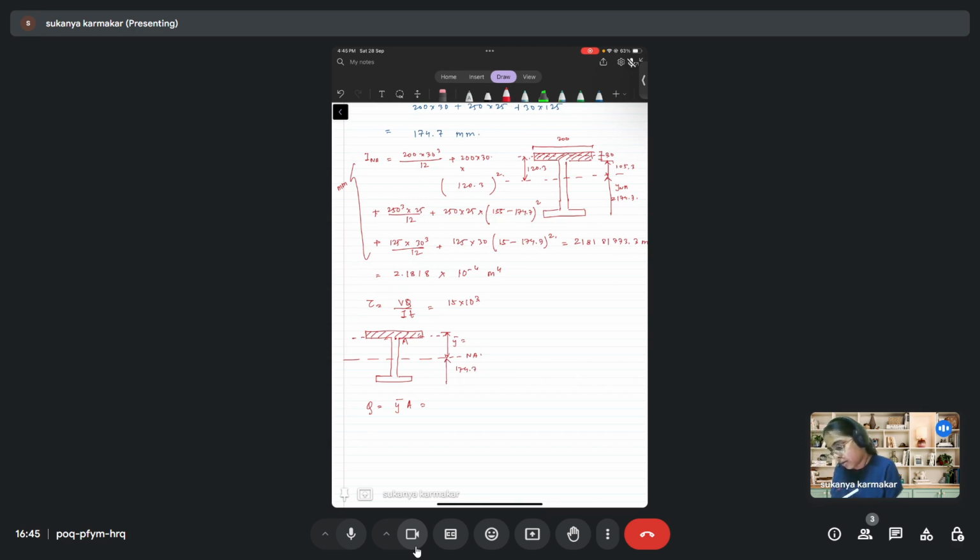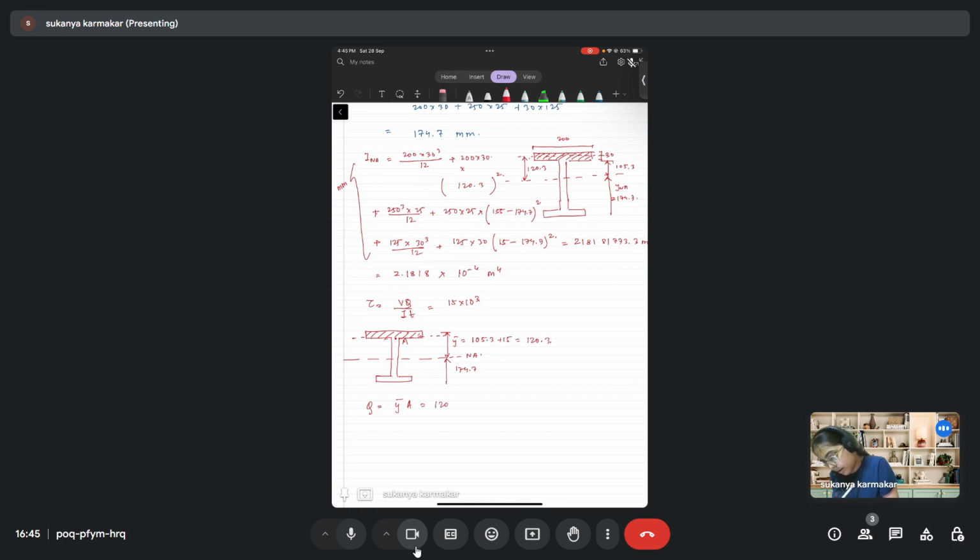So from the top, in the previous part, I had calculated that this y bar will be 105.3 plus 15. So it is 120.3.